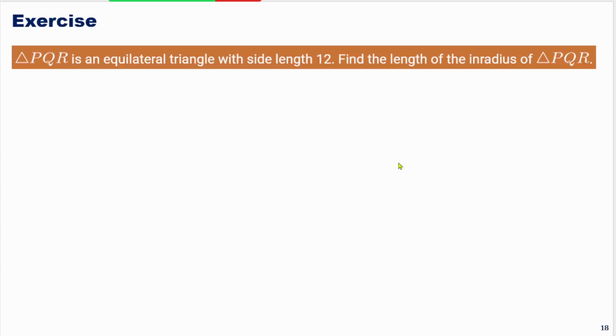All right, let's consider another quick quiz. Triangle PQR is an equilateral triangle with side length 12. Can you find the length of the inradius of triangle PQR?